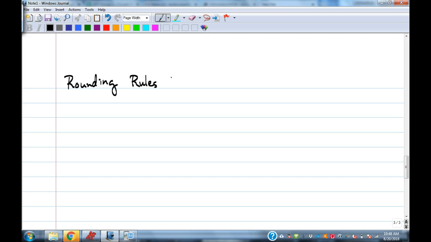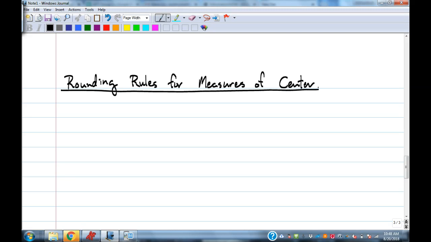Rounding rules for measures of center. Calculated values.